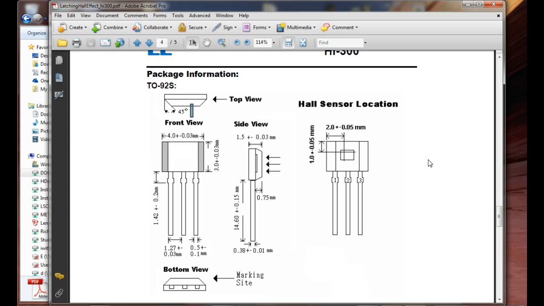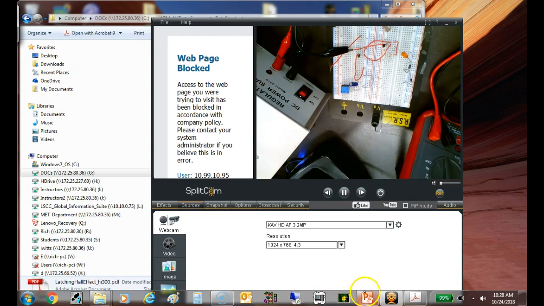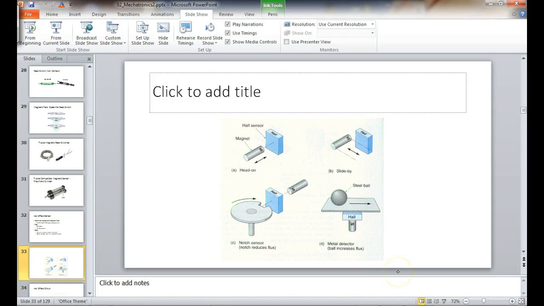That's a 3-wire sensor. Now, a 4-wire sensor simulates a single pole double throw contact, a switch. Y'all know those names, right? Single pole double throw. Are you okay there? Okay.